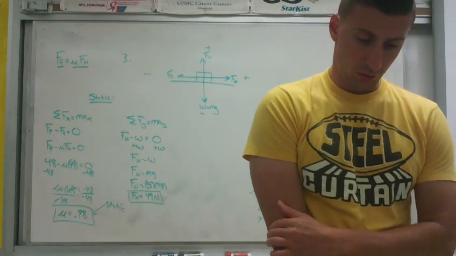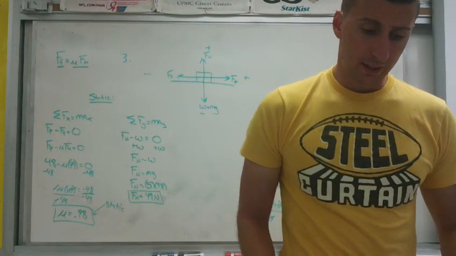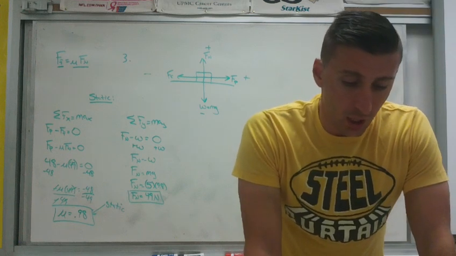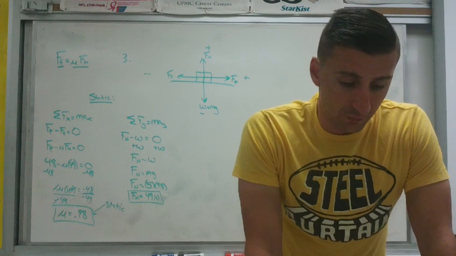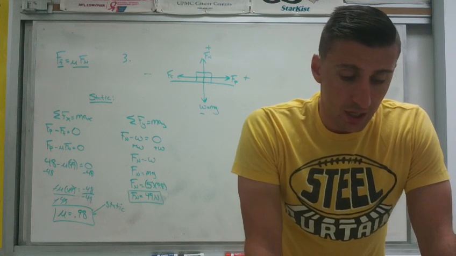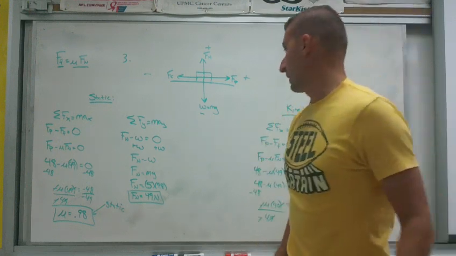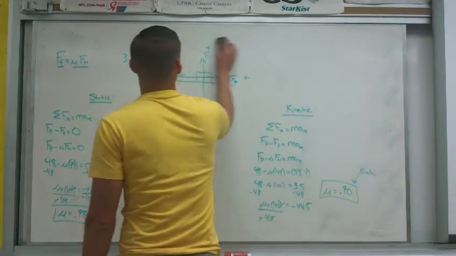Okay, so it asks, what is the maximum acceleration a car can undergo if the coefficient of static friction between the tires and the ground is 0.8? All right? So let's go ahead and draw this problem here.